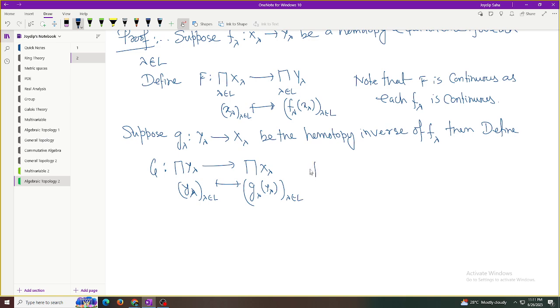Then g is continuous as each g_lambda is continuous.